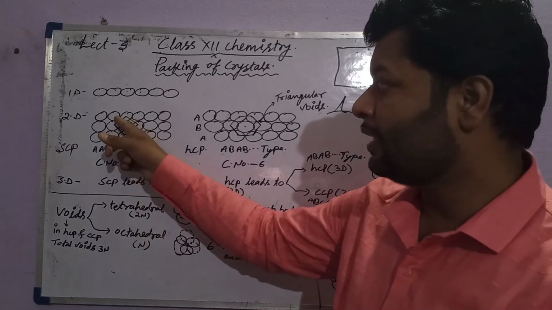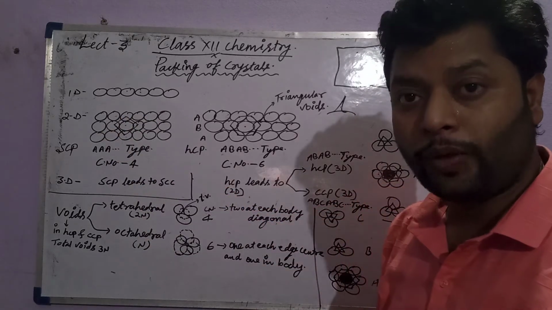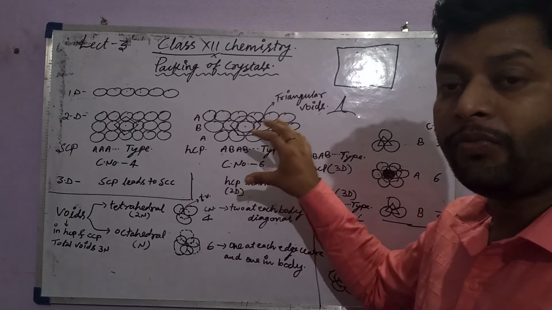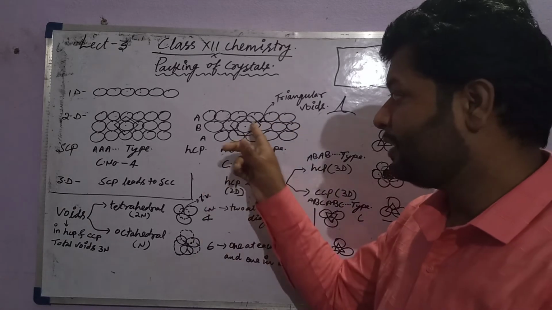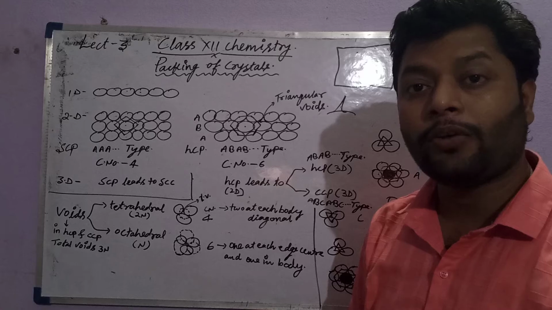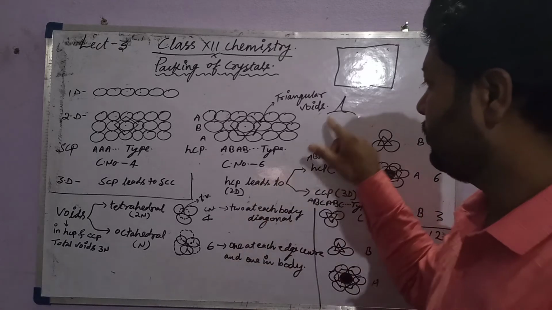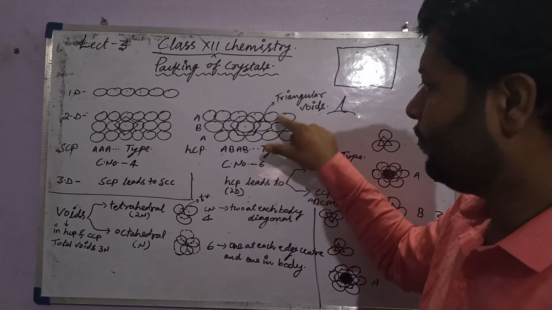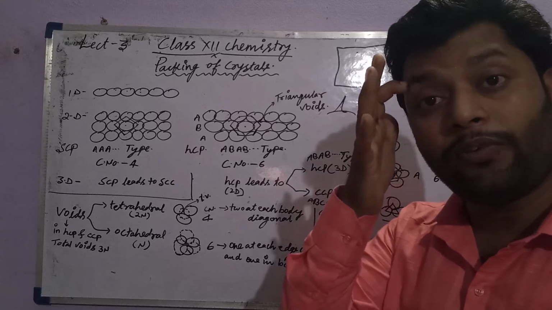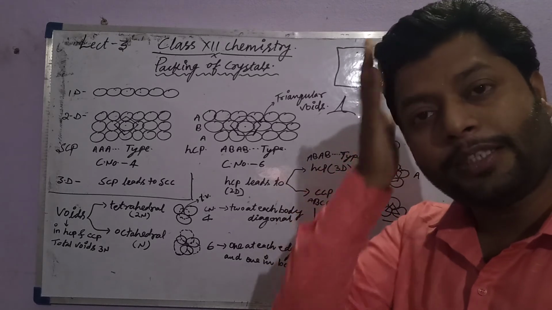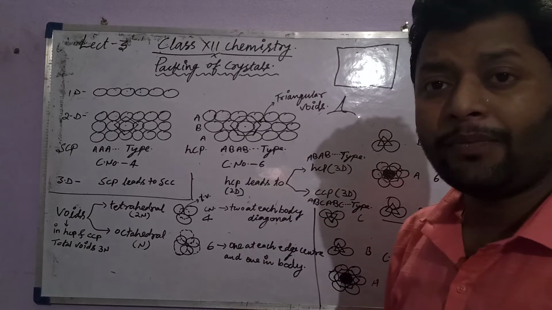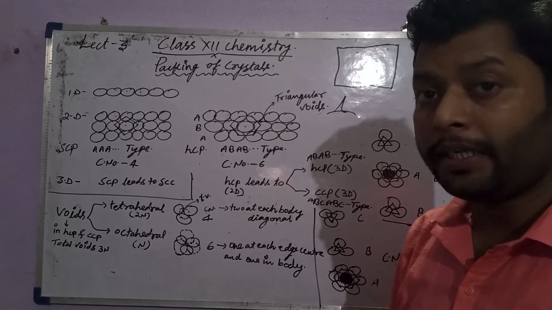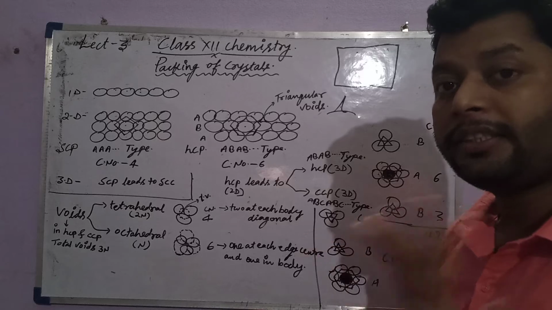So the voids are not like those in square close packing; different voids are generated. You have to study the voids generated in hexagonal close packing also. Look at the voids: the void shape is triangular. The coordination number of hexagonal close packing in 2 dimensions is 6.